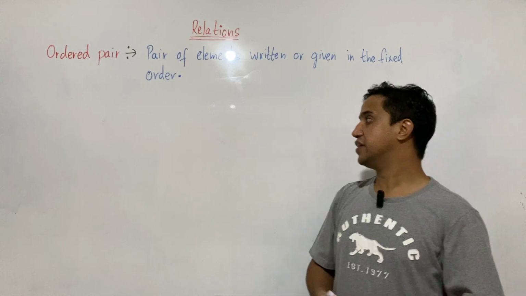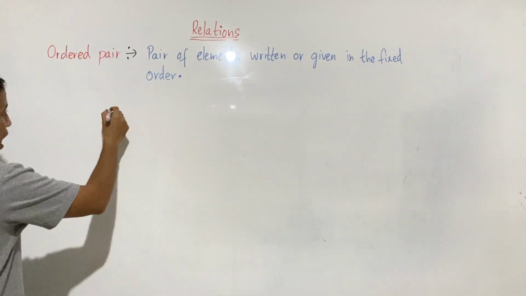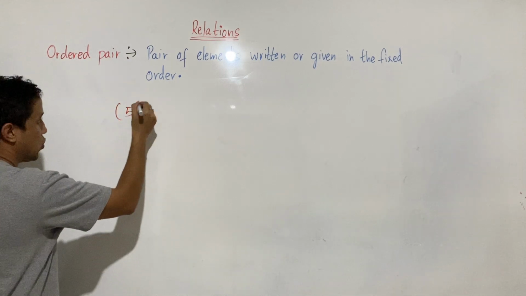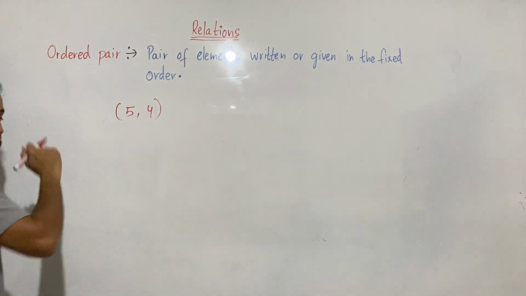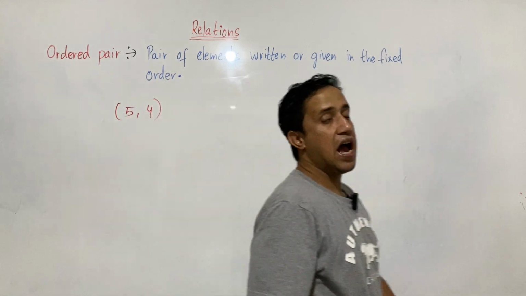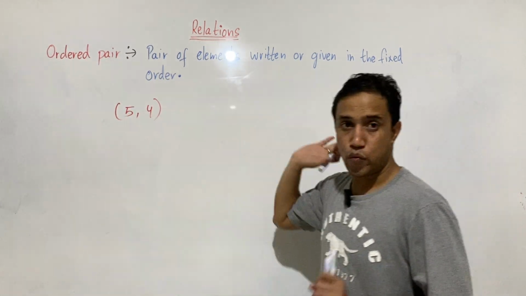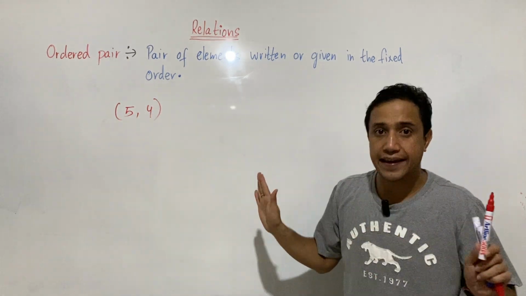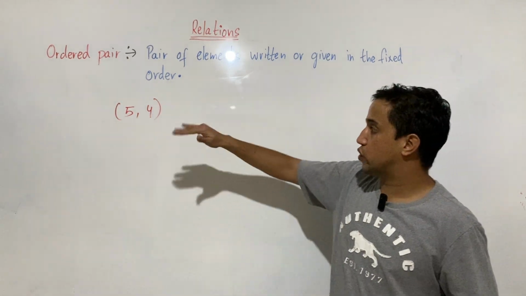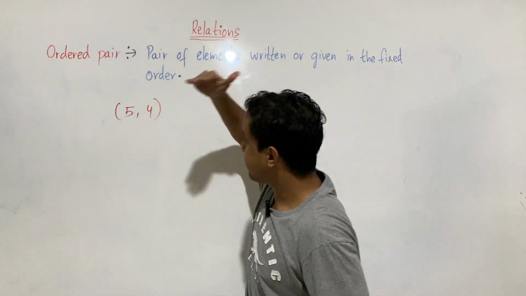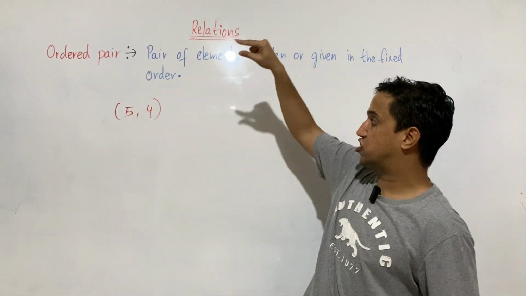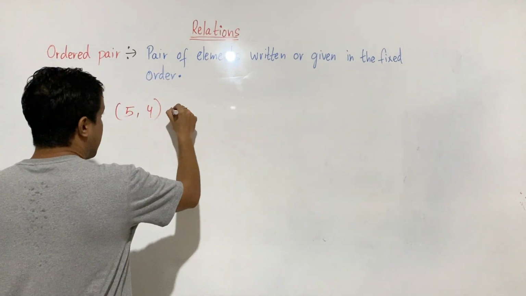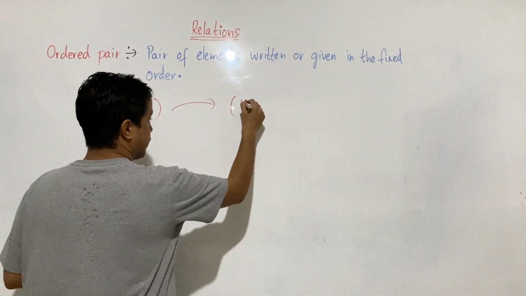What does it mean? Let's say I have two elements written in this order: 5, 4. Here the order is very important, because the order is fixed and I cannot change it. If the given ordered pair is 5, 4, then I cannot write it as 4, 5.